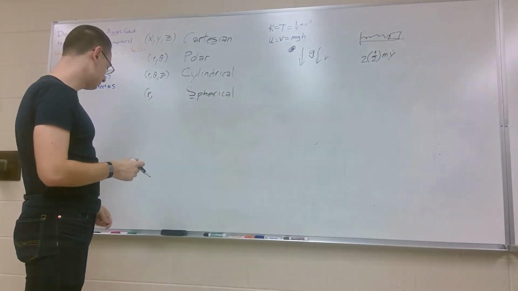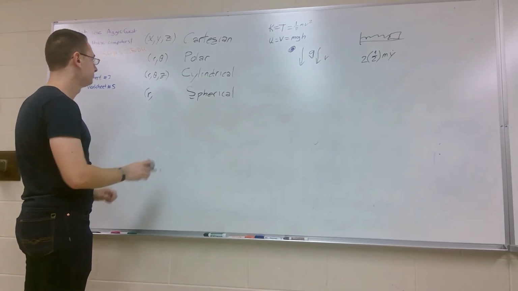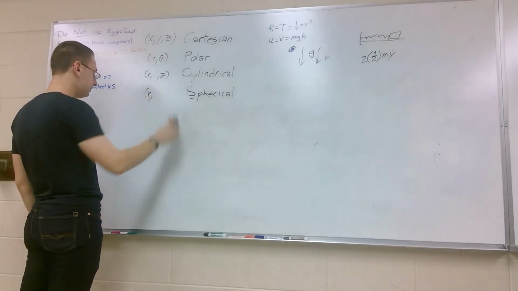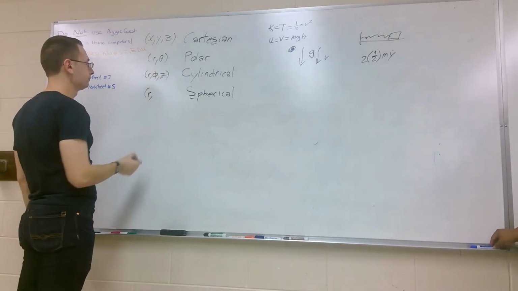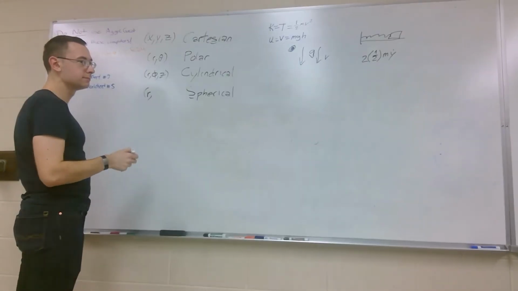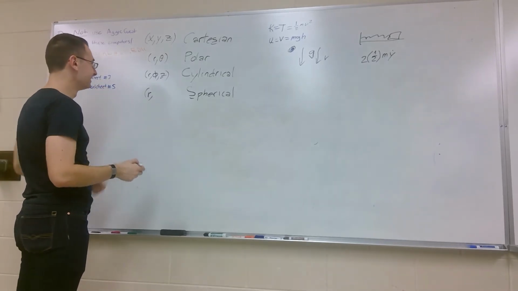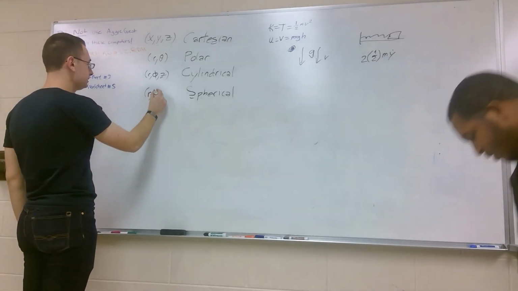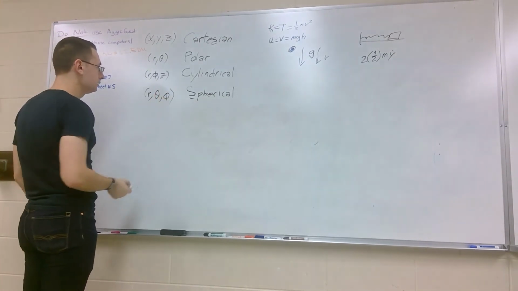Yeah, that's what we do in Bill's class, to keep them different. It can be theta, it can be phi, whatever you want to call it. It doesn't matter. I can call these values anything. I'm going to say theta and phi for spherical here too.